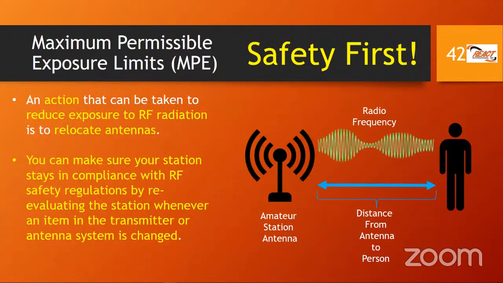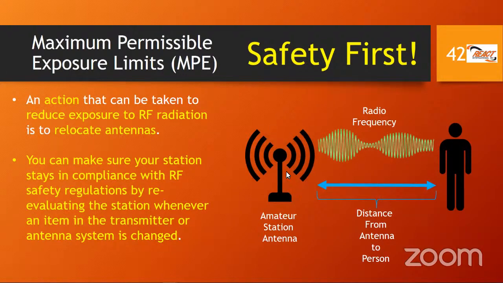All right, so last slide, folks. There are a couple things we need to be aware of in terms of the maximum permissible exposure limits that we have. And that is, what can we do to reduce the amount of exposure that a human can encounter if they're close to our amateur radio station or the antenna?